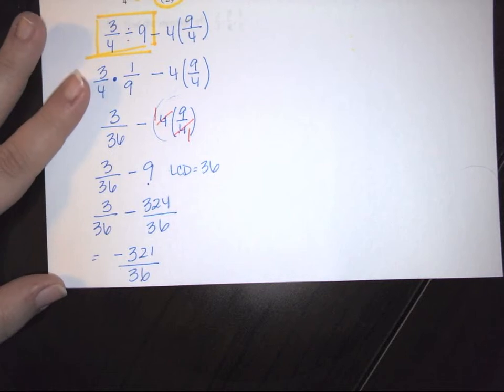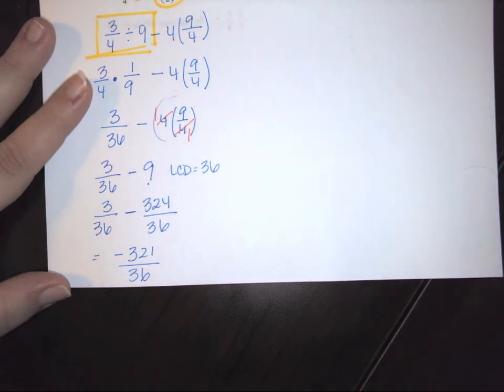In order to do that, remember, one of the easiest things to do is to take your smaller number and create its factor tree.